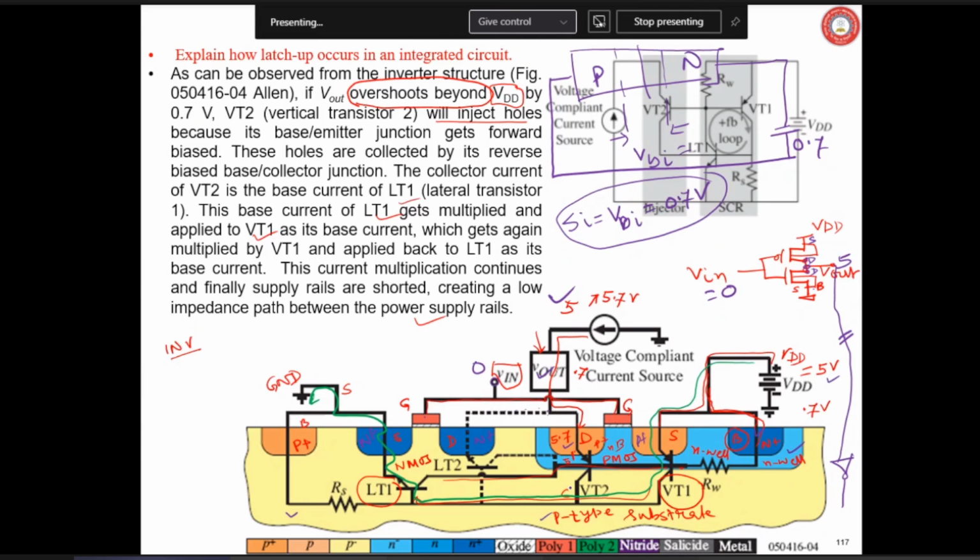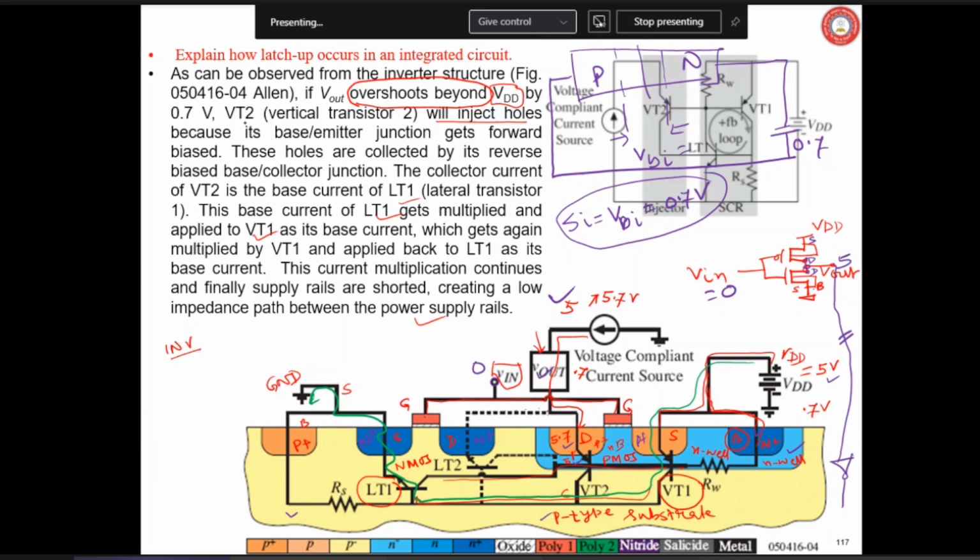So this is 5 volt and this is 5.7 or 5.8 volt. So this diode under the drain diffusion of the PMOS, is it forward biased or reverse biased? Forward biased.